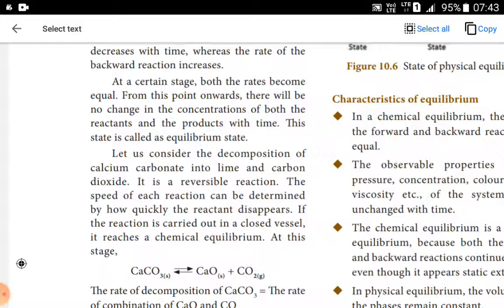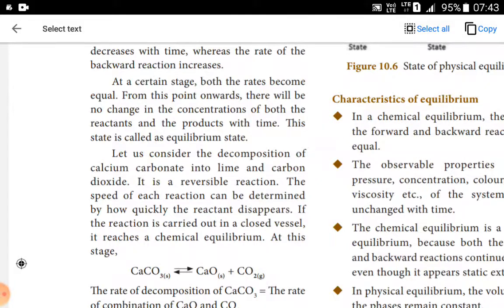So the calcium carbonate decomposes into calcium oxide and carbon dioxide. Carbon dioxide immediately comes out and is released. At that stage no reversible reaction will take place, because the product should not evolve out for the reversible reaction to attain equilibrium. So if the reaction is carried out in a closed vessel, only in a closed vessel, it is going to reach chemical equilibrium.